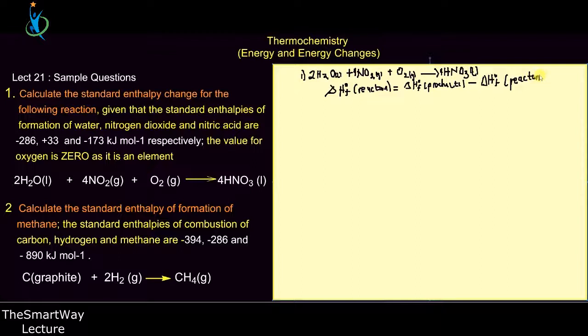When you subtract the sum of all the reactants from the sum of all the products, you get the enthalpy change for the reaction. And so we are going to do that.